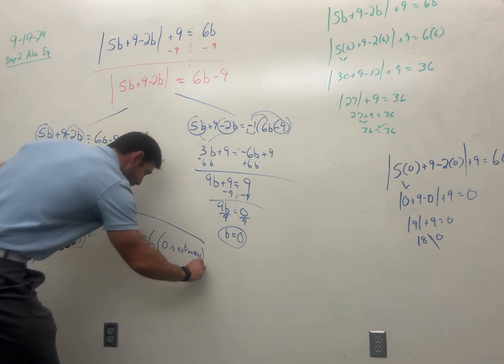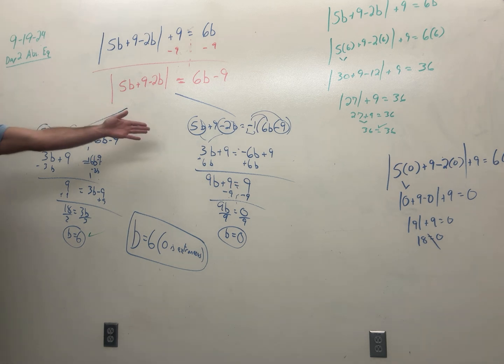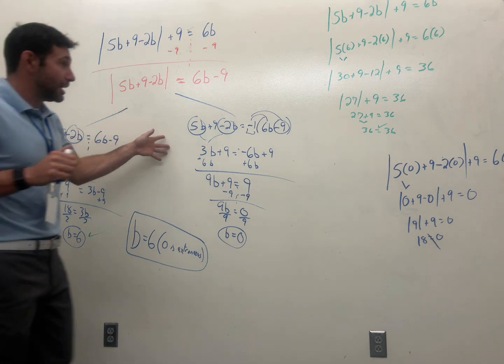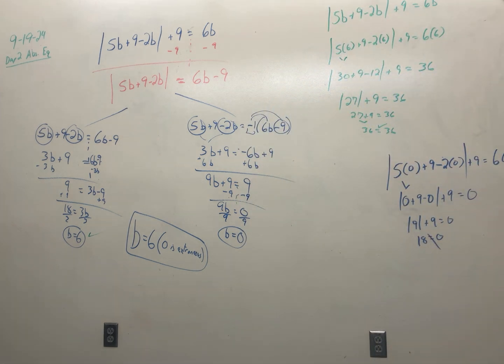Even though we solved it and we got b equaling 0, it doesn't work. That's what an extraneous value does. Even though it works for the actual equation, it doesn't work when we put it into the absolute value. What questions do we have?